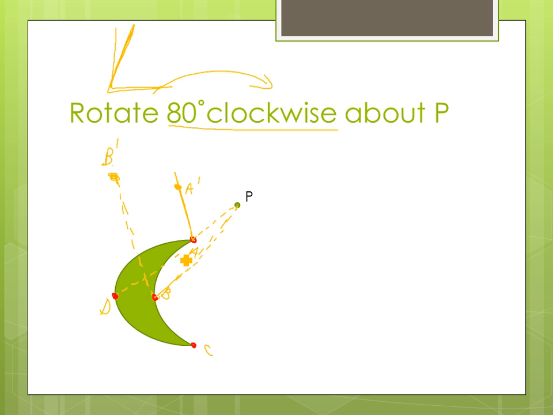Do the same thing for D. 80 degrees up here. Might be too far. D's going to fall somewhere about up in here, or D prime will.